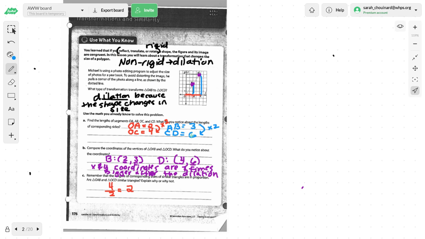And then if we do the other proportion, CD over AB, that's also 2. So since the proportions are the same, these are similar triangles. So if corresponding sides are proportional, then we know the triangles are similar.